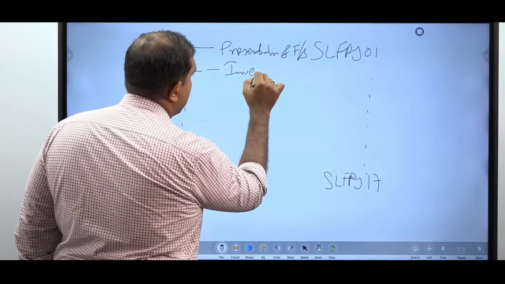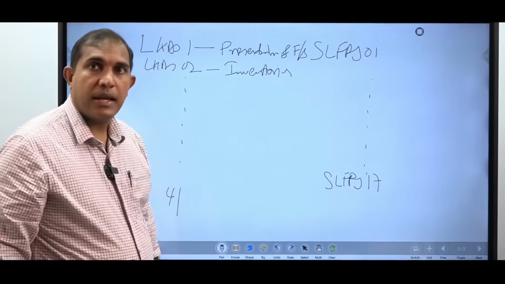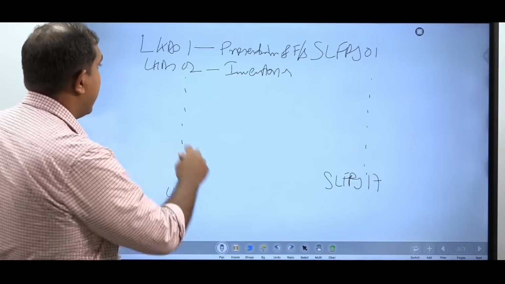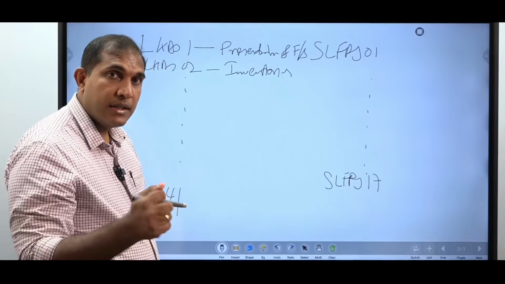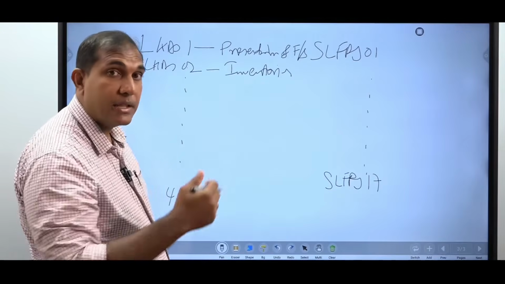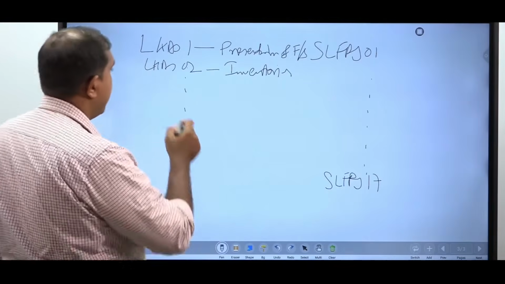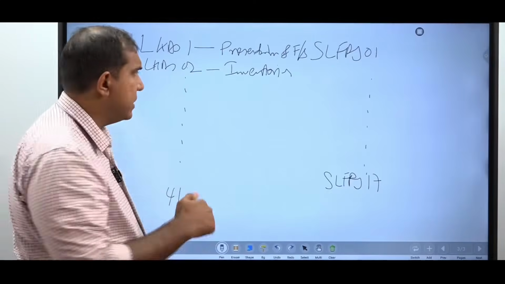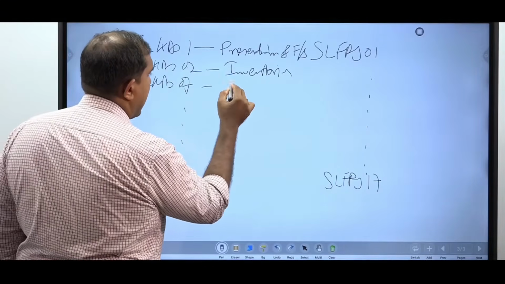Inventories. LKAS 2, inventories, as you are aware. LKAS 3, not in the world. That standard has been removed by IASB, International Accounting Standards Board. Then LKAS 4, 5, 6, not in the world. LKAS 7, cash flow statement.